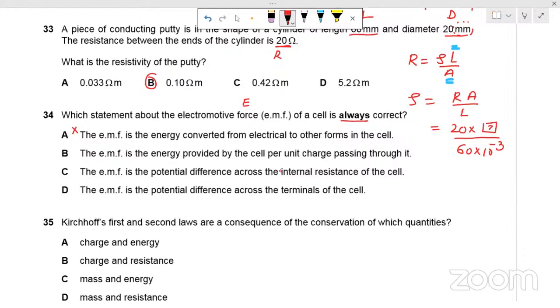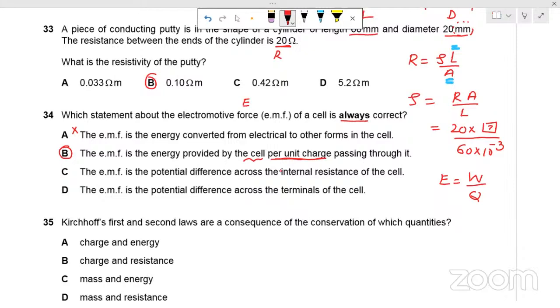The EMF is energy provided by the cell per unit charge passing through it. So that's why B is correct. The energy that 1 coulomb charge gets from the source is known as EMF.